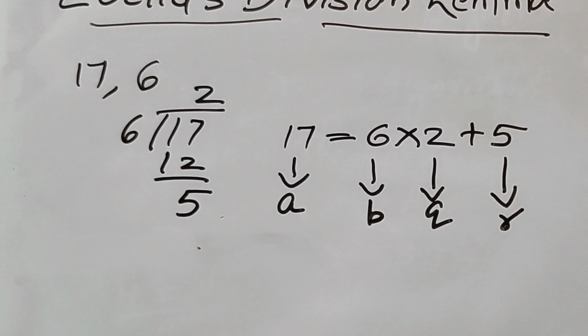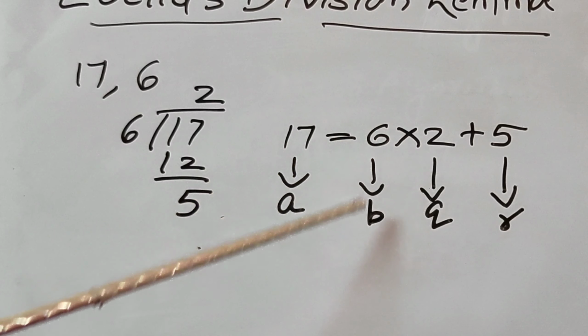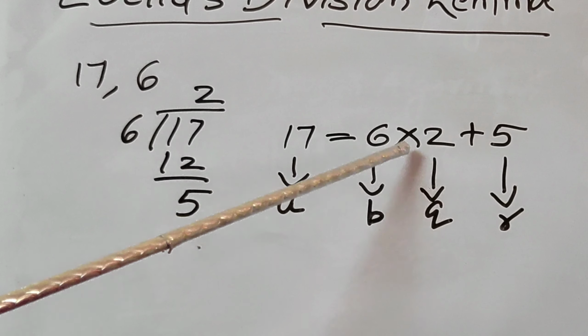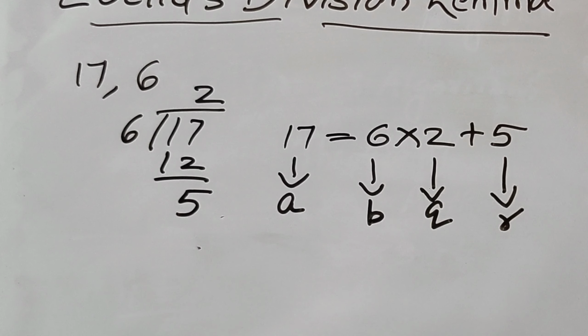Now we can consider 17 as a, 6 as b, 2 as q and 5 as r. So we are giving different alphabets to these numbers. a is the dividend, b is the divisor, q is the quotient and r is the remainder.